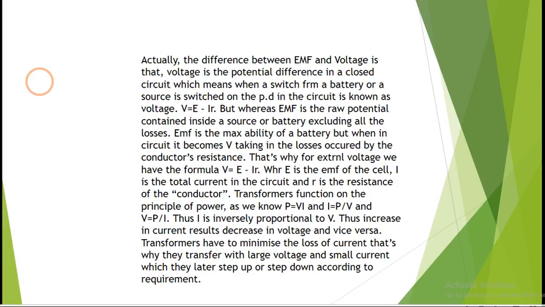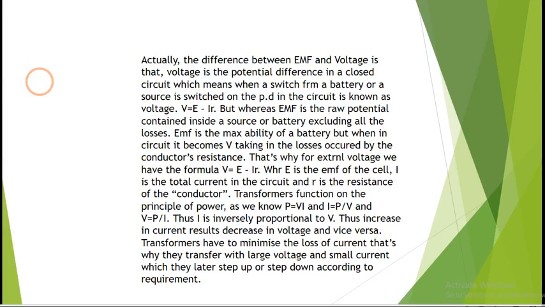EMF is the maximum ability of a battery, but when in circuit it becomes V, taking in the losses occurred by the conductor's resistance. That's why V is equal to E minus IR, where E is the EMF of the cell, I is the total current, and R is the resistance of the conductor.